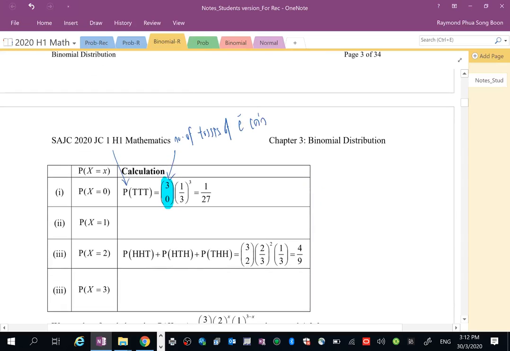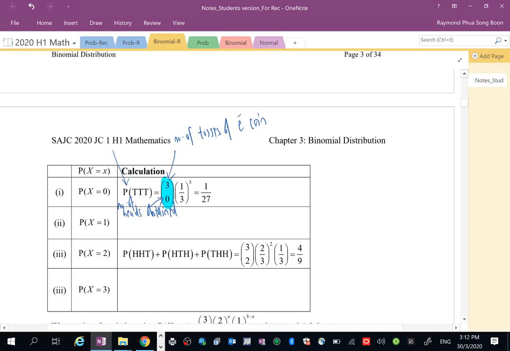The coin is tossed 3 times, so the top number is 3. And the bottom number represents the number of heads obtained. In part 1, we are finding the probability of X equals 0, which means no heads obtained. So the bottom number is 0.